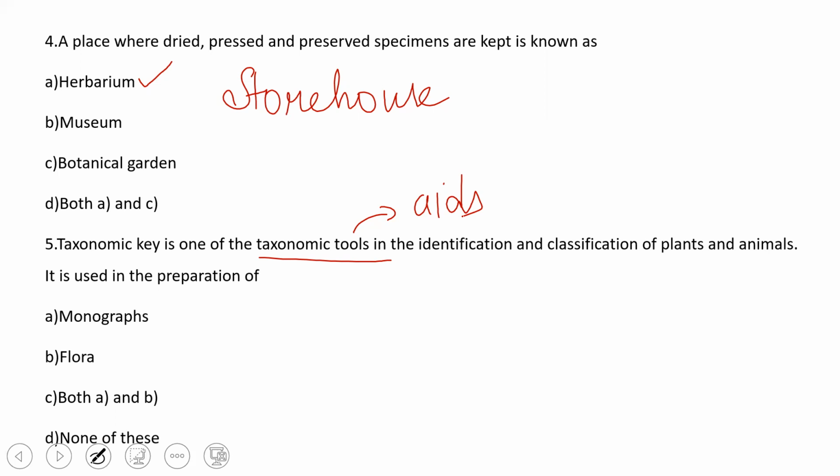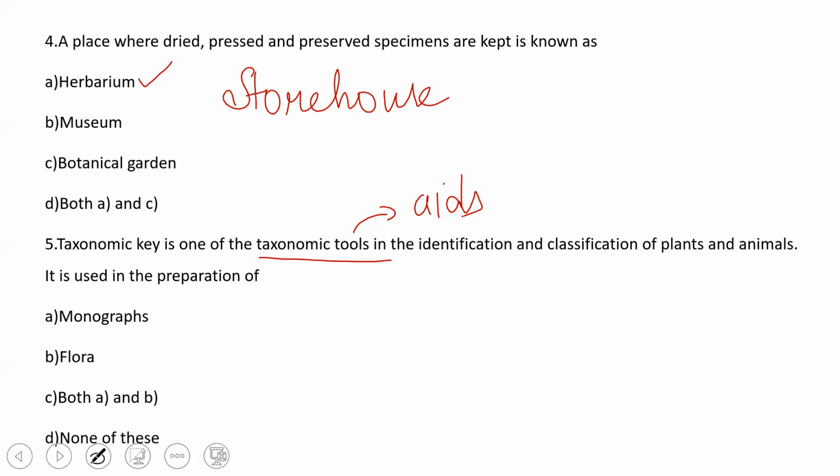Flora is a book, a taxonomic aid used in collecting for identification and classification of plant species, with a detailed account of habitat and also the distribution of plants of a given area, right?